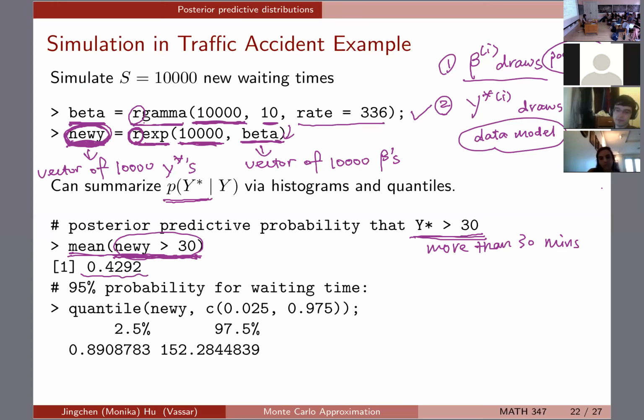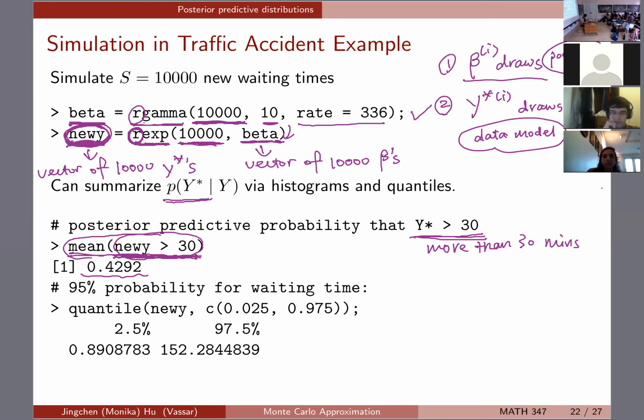But of course, you can do something else. For example, what if I want to know the probability that, from now on, an accident happens between 10 and 20 minutes? Then I can also return something in a similar manner. It really depends on the question you're interested in.